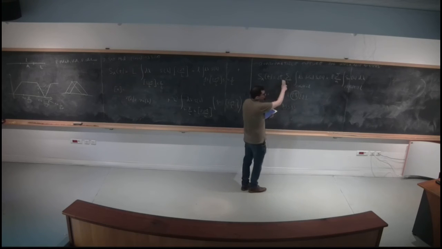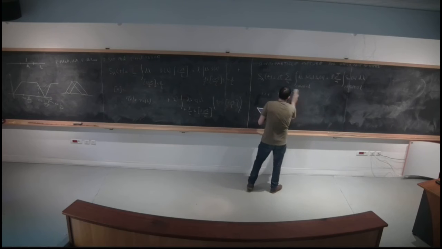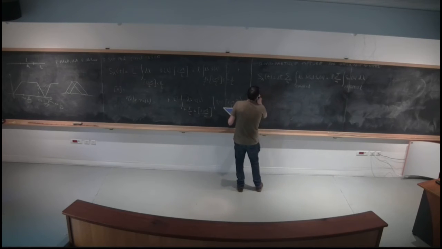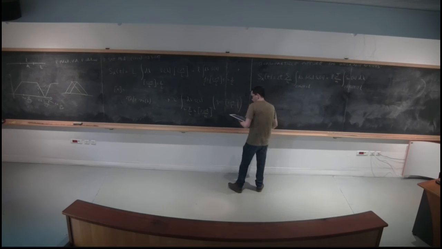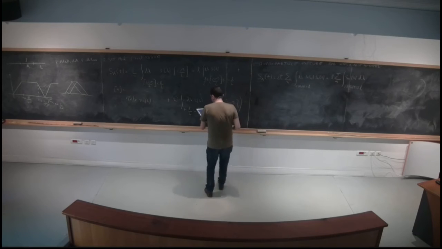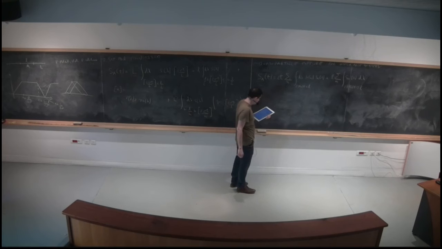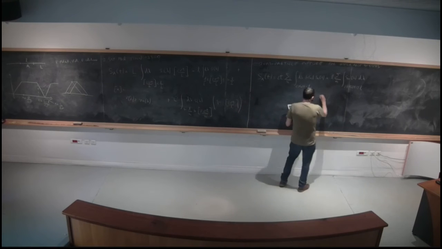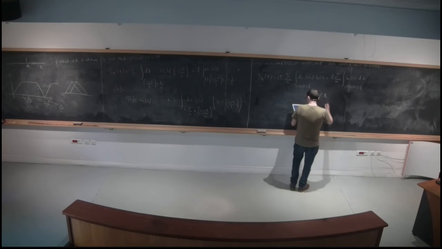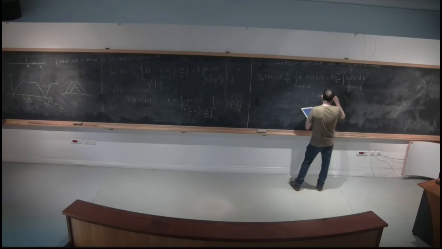But you see, in this formula, it appears in this sum, so it doesn't complicate things much. Now, what are these two parameters? All these discussions are in this paper.